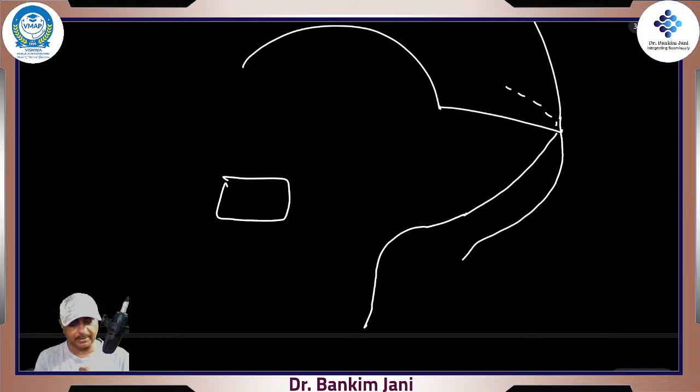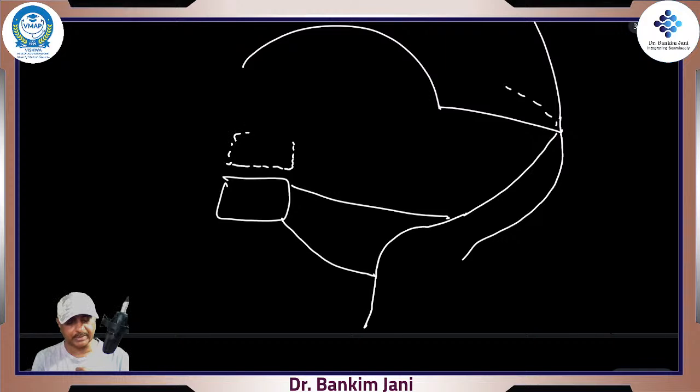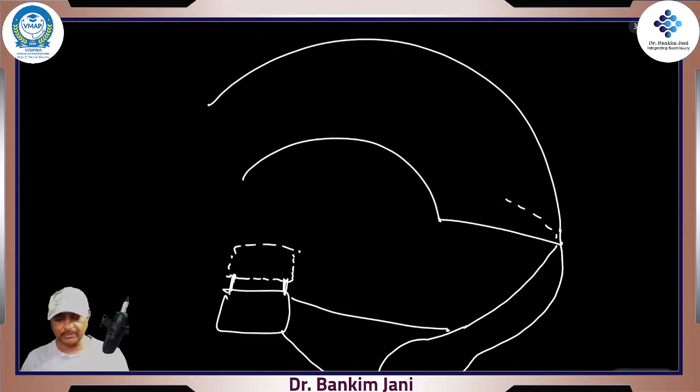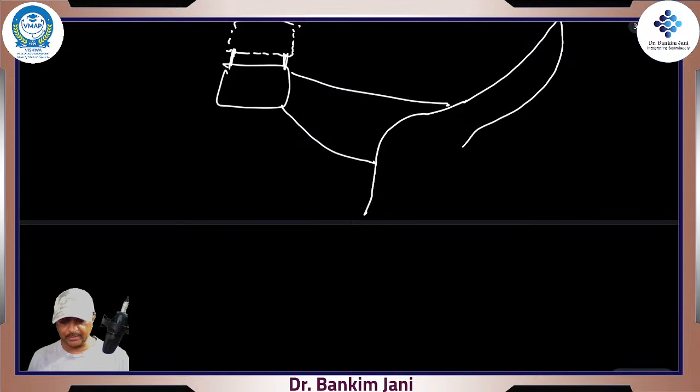Then over here, that would be the cavernous. This is superior petrosal, this is inferior petrosal. And when on the opposite side there is also the cavernous, when they join, there is anterior and posterior intercavernous. So these are all dural venous sinuses where things finally drain, and the internal jugular vein is the final exit.